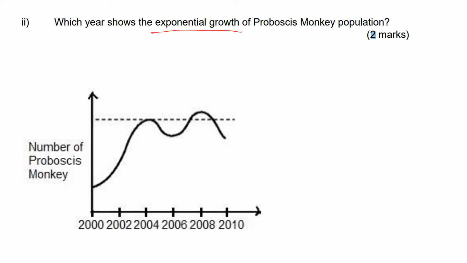So if you look at the graph carefully, here you have a very rapid increase of the growth of the monkey population, which is between 2002 and 2004. Okay, so between these two years, the population will experience exponential growth.